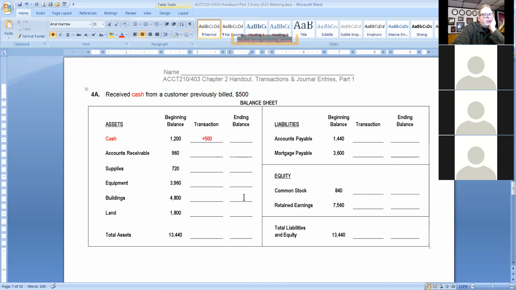Now, it was for a customer previously billed. So it was somebody that owed us money. So what account is that for people that owe us money?